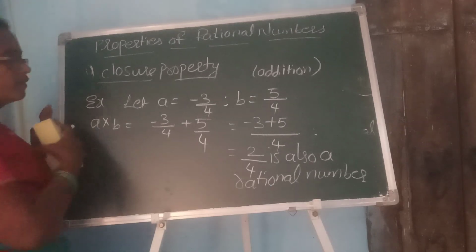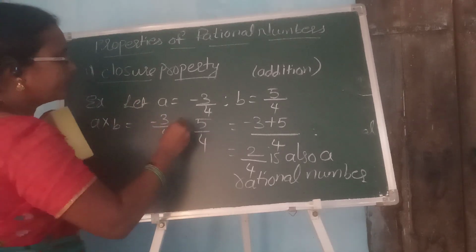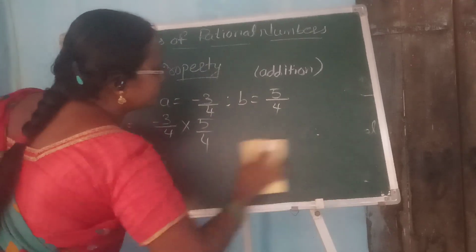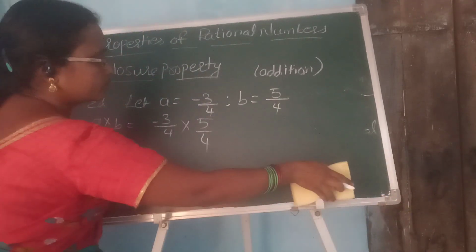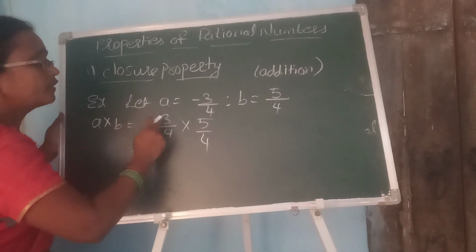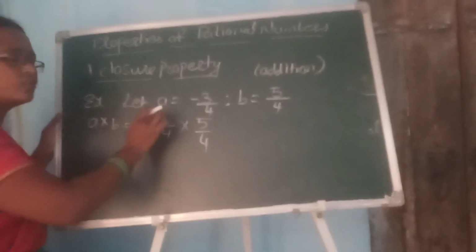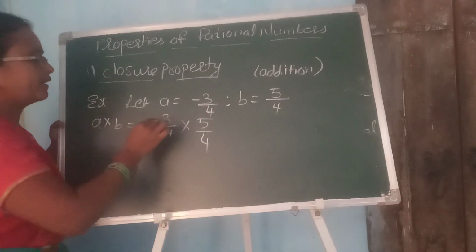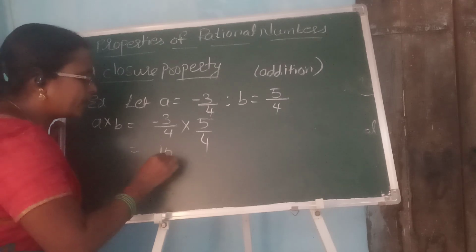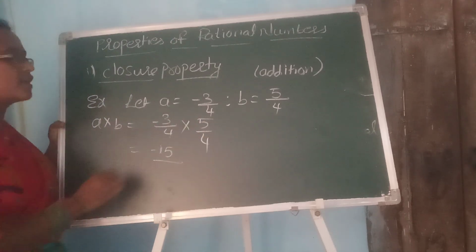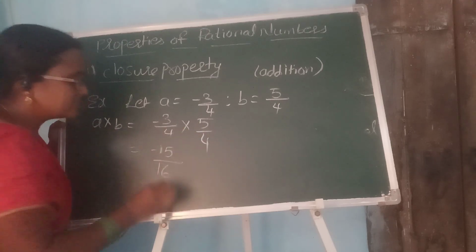a into b. Now here I am changing the sign. So 3 into 5: for multiplication, we have to multiply the numerators as well as the denominators. 3 fives are 15, minus into plus is minus, and we also multiply the denominators, 4 into 4 is 16.